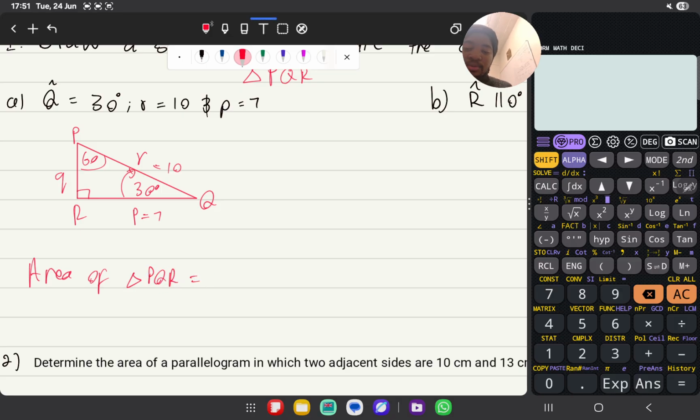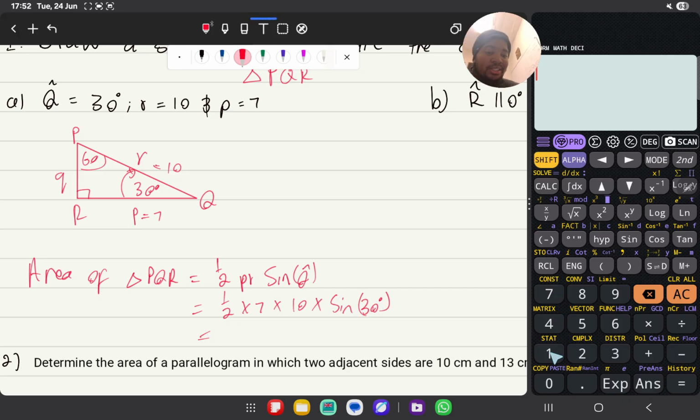PQR is equal to half PR and then sine Q, right? That is half multiplied by 7 multiplied by 10 multiplied by sine 30 degrees, right?